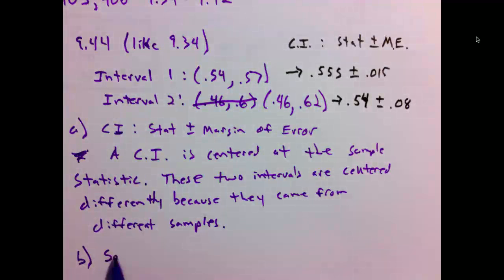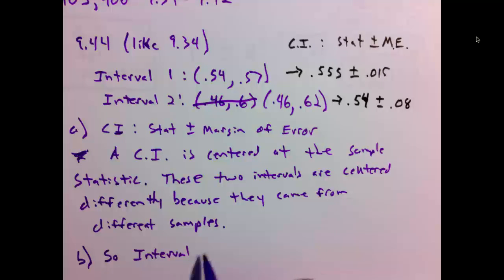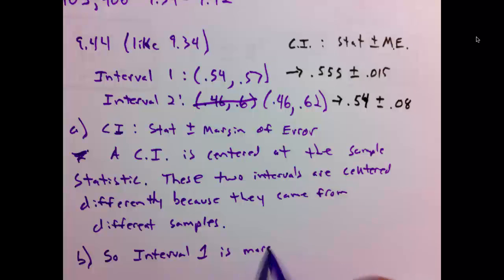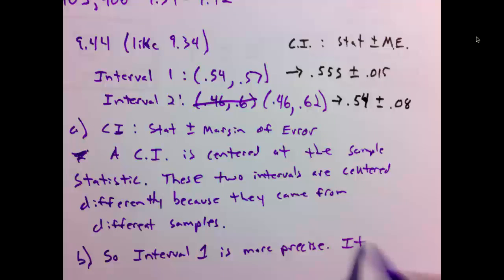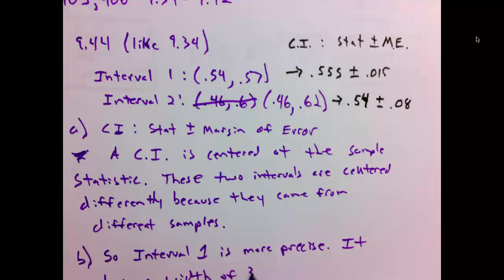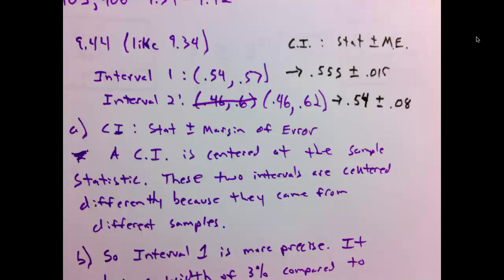So interval 1 is more precise. It has a width of 3% compared to 16% for interval 2.